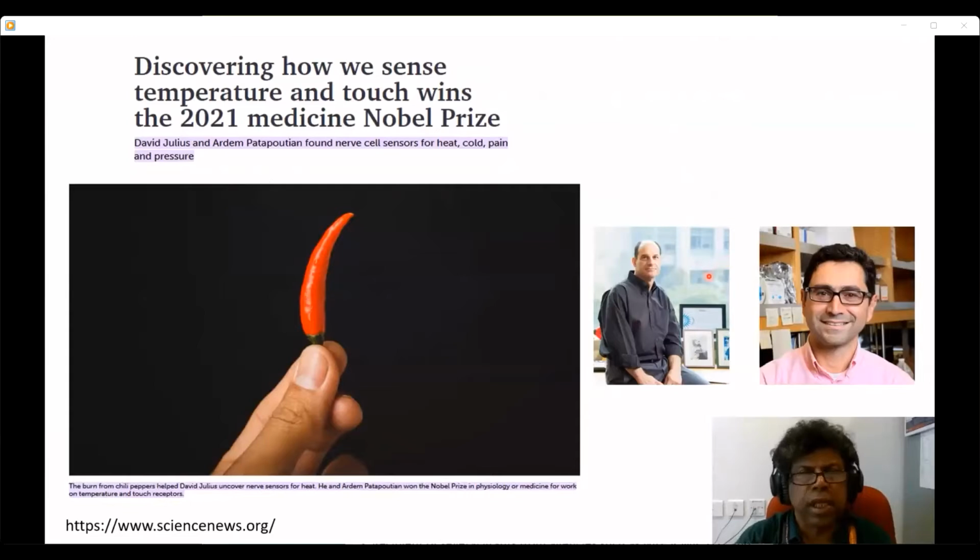These are the two gentlemen here, Dr. David Julius and Dr. Ardem Patapoutian, both of them working in the field of neuroscience, where they discovered how we sense temperature and touch, releasing some of the genes, particularly the TRPV1 gene, which leads to different messages to the brain. And they also found the nerve cell sensors for heat, cold, pain, and pressure. And this led to the Nobel Prize for these two gentlemen.